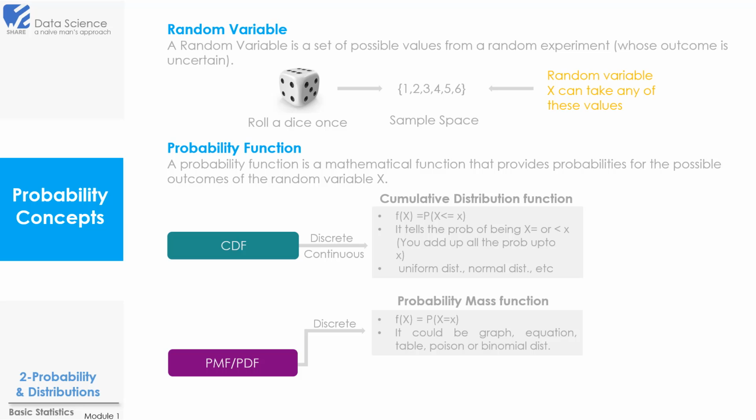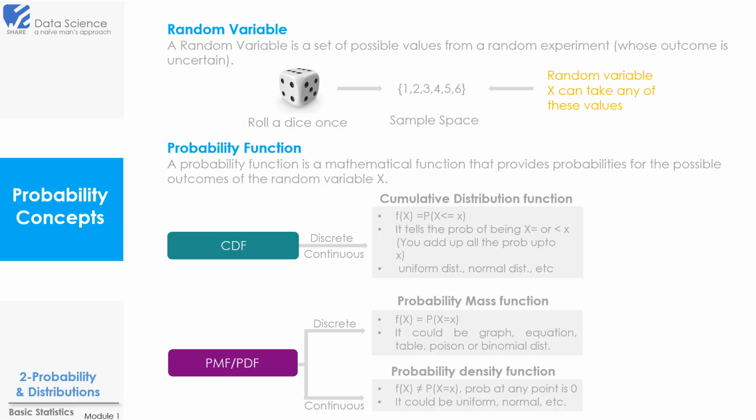Then in case our random variable is continuous, we use PDF, which is probability density function. Now it tells us the probability of the random variable capital X being around a particular value of small x. Here the probability at a particular point is 0. Again, it could be a uniform distribution, normal distribution, etc.